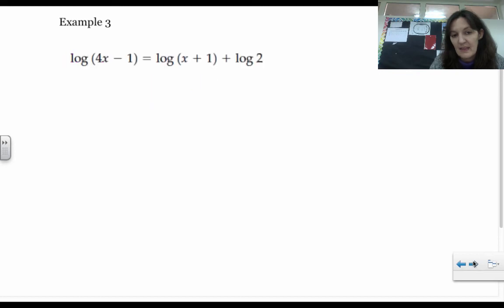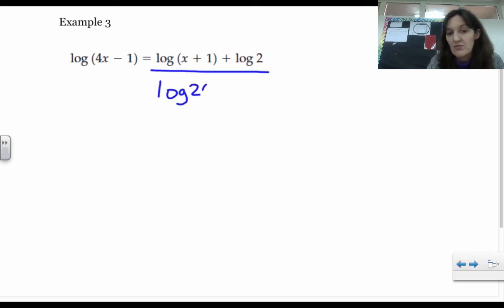Example 3. So now I have logs that I want to solve. The first thing I'm going to do is combine my logs together. So I will have log of 2 times x plus 1. This makes it very easy for me to simplify this problem, because I can combine them.